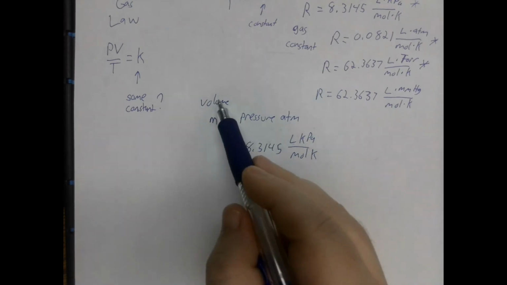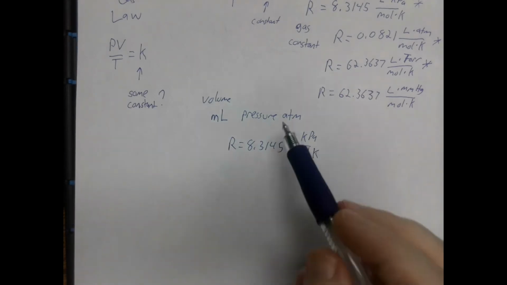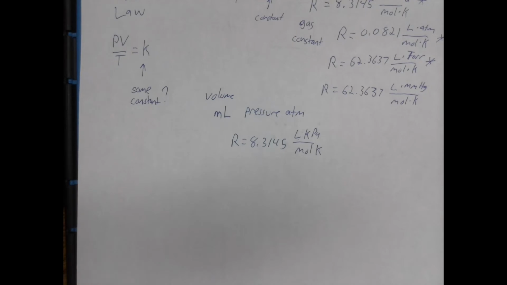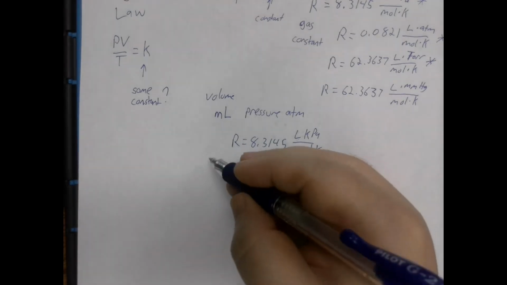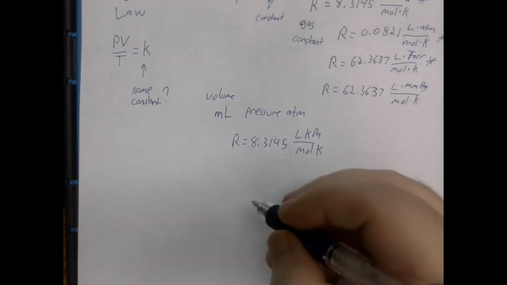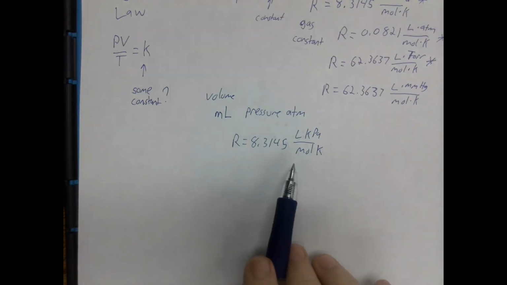You would have to convert the volume from milliliters into liters, and you would have to convert the pressure from atmospheres into kilopascals. So when plugging it into this equation, you'd have to do some dimensional analysis to make sure the units match.